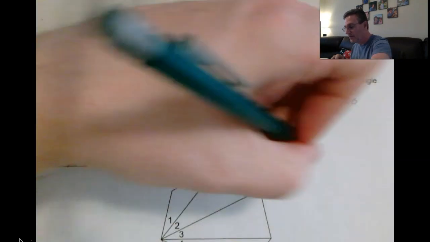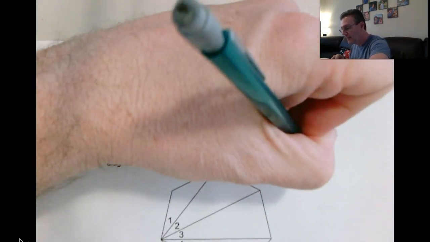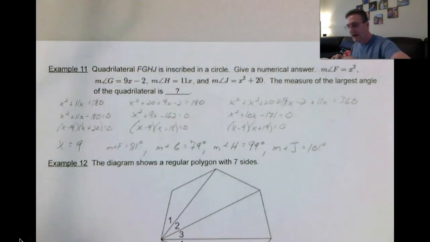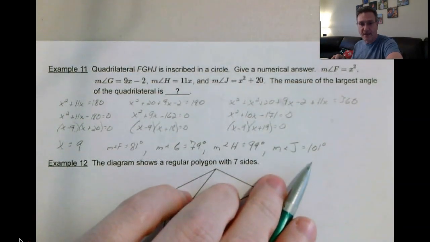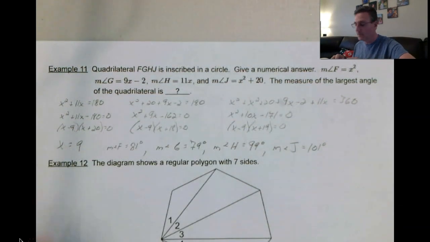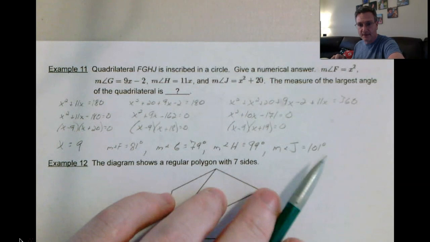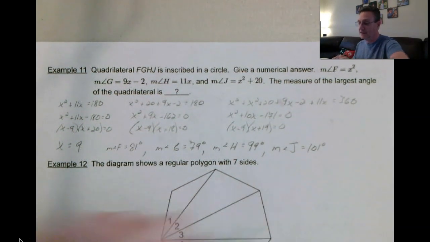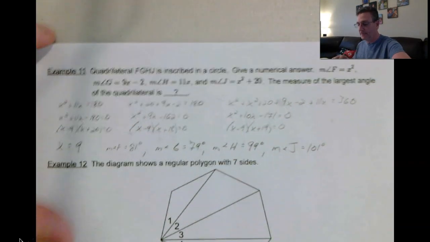And the last one, the measure of angle J, is equal to 101 degrees. And that is the largest angle of the group. So 101 degrees is the final answer to the question.